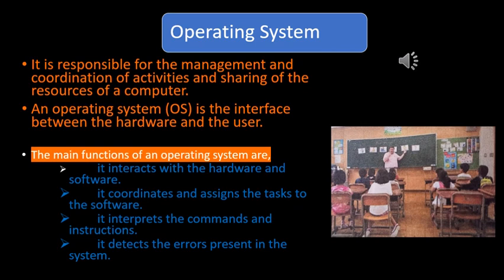An operating system is an interface between the user and the computer. It refers to the collection of software that manages hardware resources of a computer and provides collective services to the user. For example, in our school, the principal controls all the activities of your school.